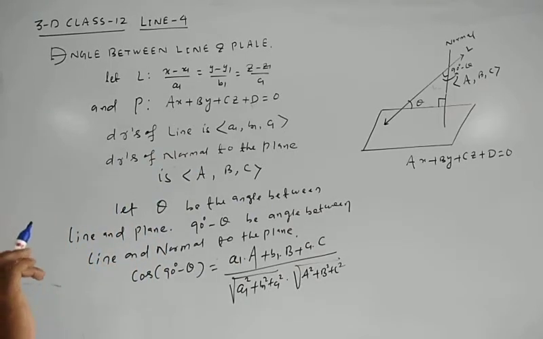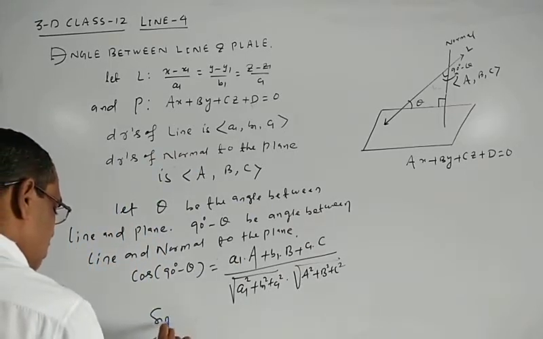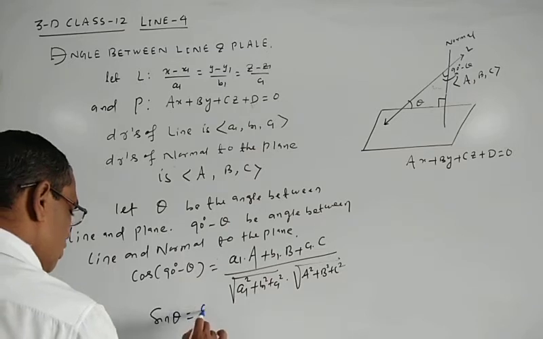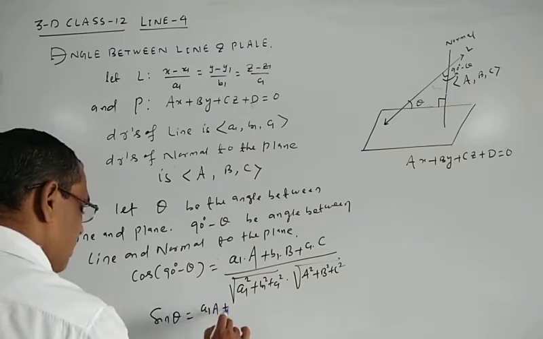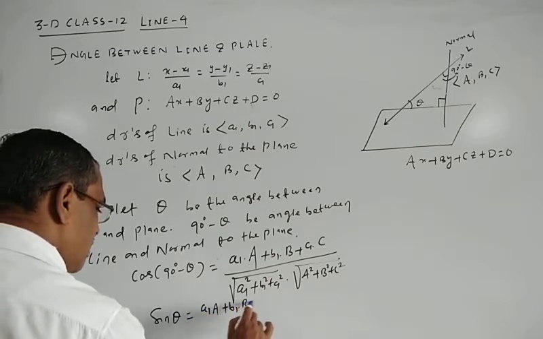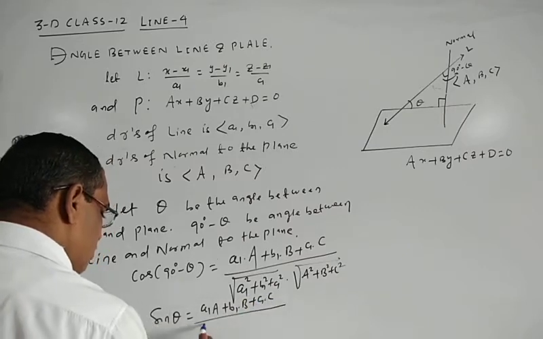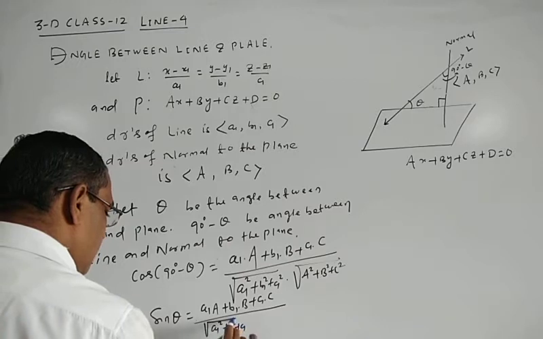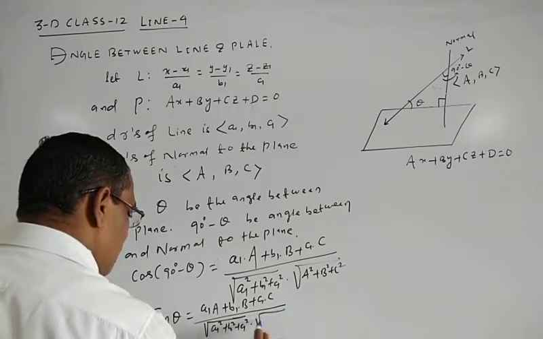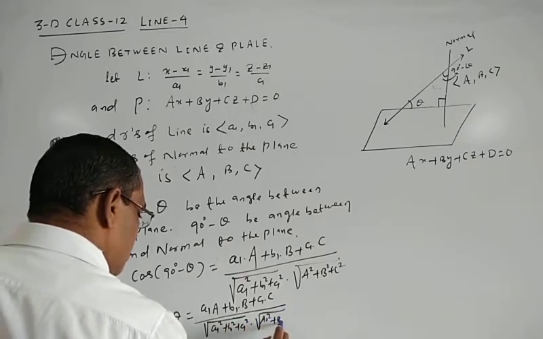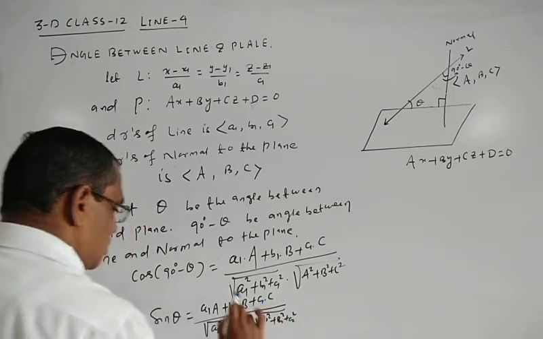But cos (90 minus theta) is equal to sin theta. So sin theta is equal to (a1 A plus b1 B plus c1 C) by root of (a1 square plus b1 square plus c1 square) into root of (A square plus B square plus C square).